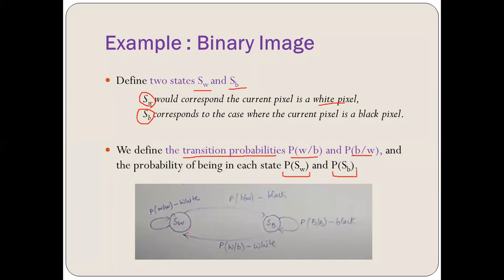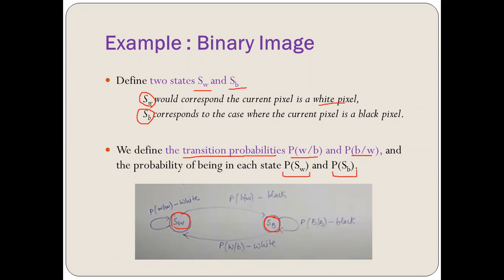So let's see how we define the graphical format of this particular Markov model. We have defined two states. This is one state, SW, when the pixel is white. This is the second state, SB, when the pixel is black. Now, how do we define the transition?